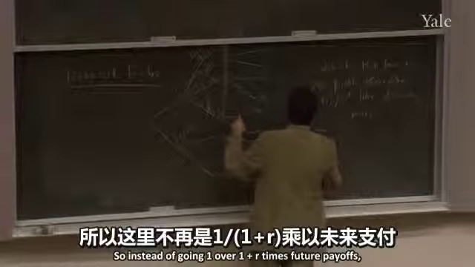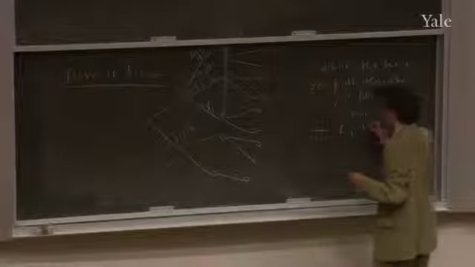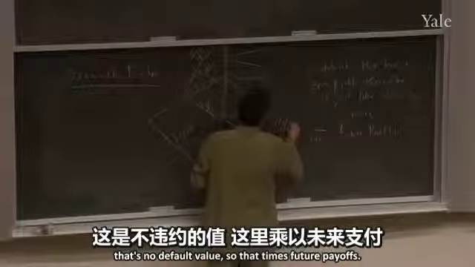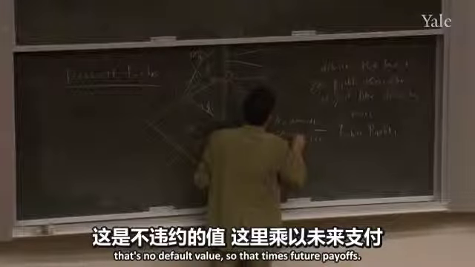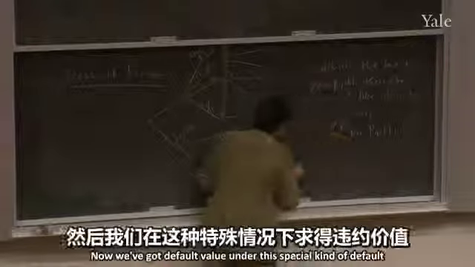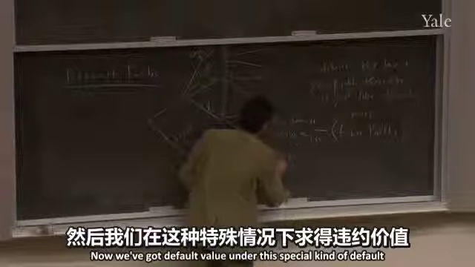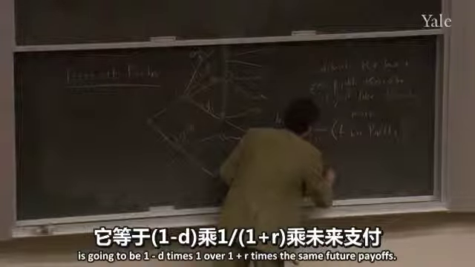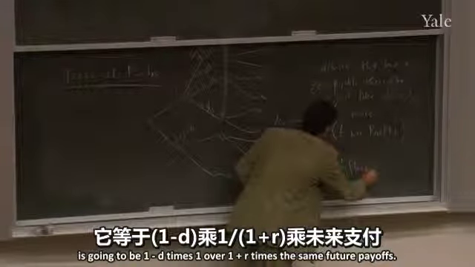Instead of going 1 over 1 plus R times future payoffs, that's the no default value, now we've got the default value under this special kind of default: 1 minus D times 1 over 1 plus R times the same future payoffs.